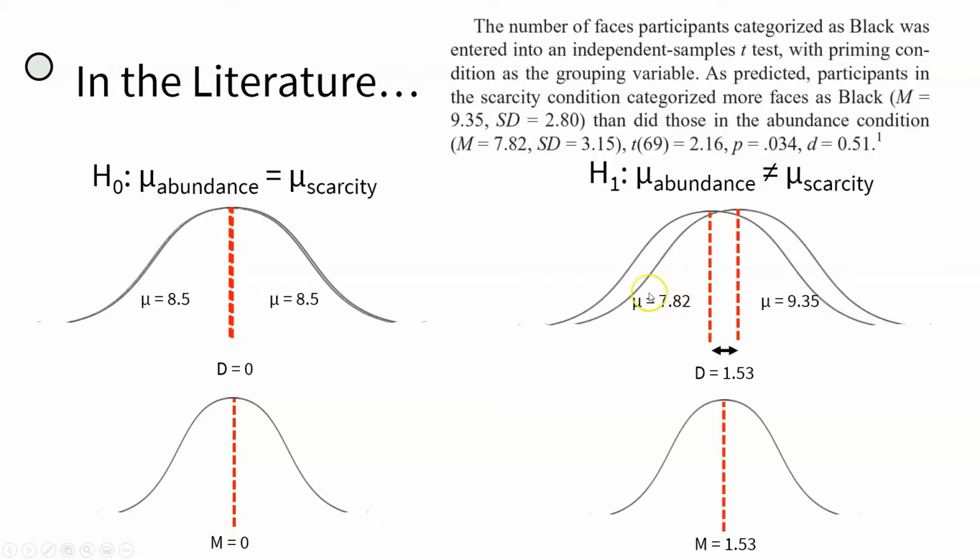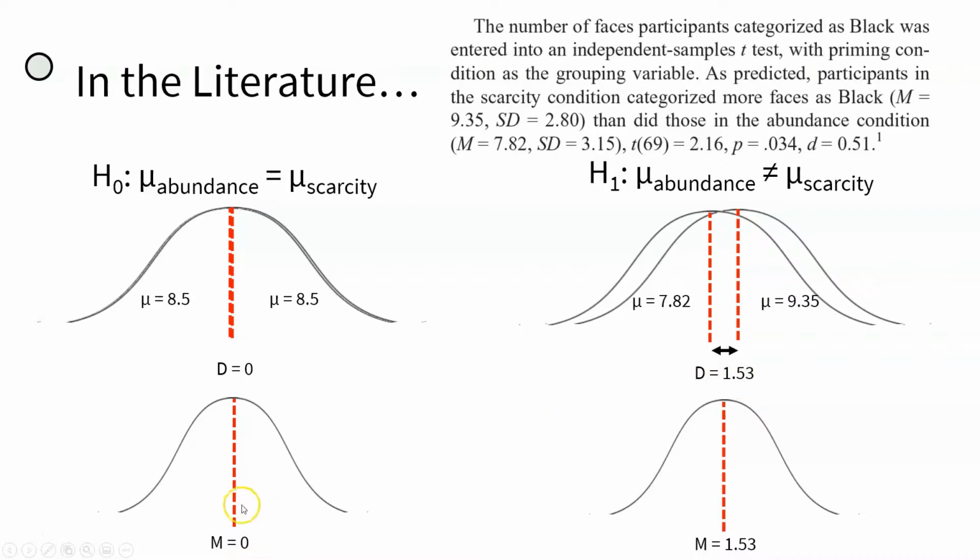And that would be reflected, like I showed you before, in the fact that there's two populations with different means, maybe something close to what our sample means were, and that when we compute the difference between them, there actually is a difference. And if we computed a sampling distribution here, we would find that that sampling distribution centers around something that's other than 0, some difference, like 1.53.